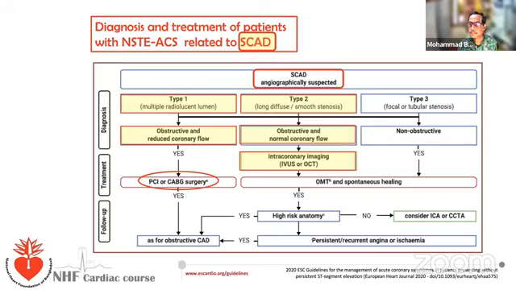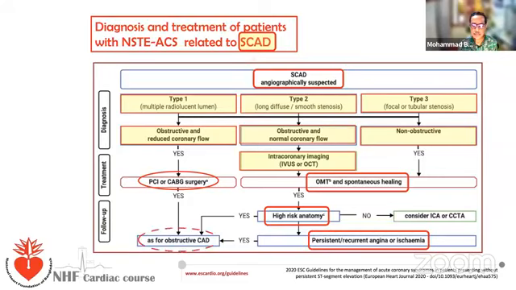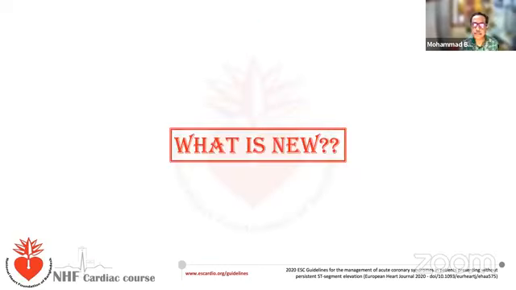And type 3, focal and tubular, is non-obstructive. In both type 2 and type 3, we should optimize the medical therapy and wait for spontaneous healing. But even after this, if the anatomy is high risk and there is persistent and recurrent angina, the patient should be treated as obstructive coronary artery disease. If not, the patient should be considered for CT angiogram.